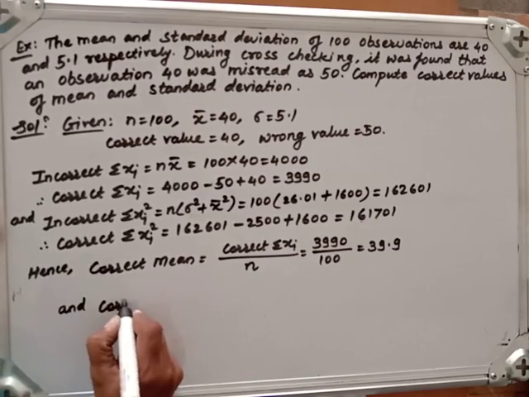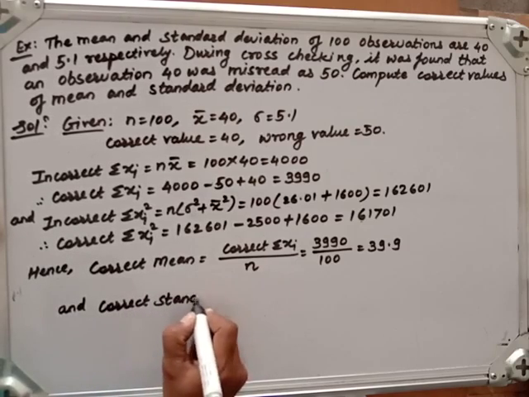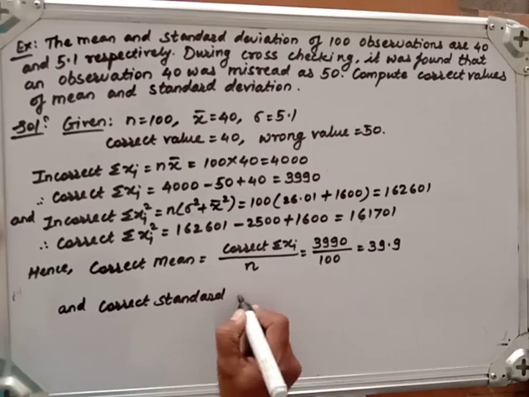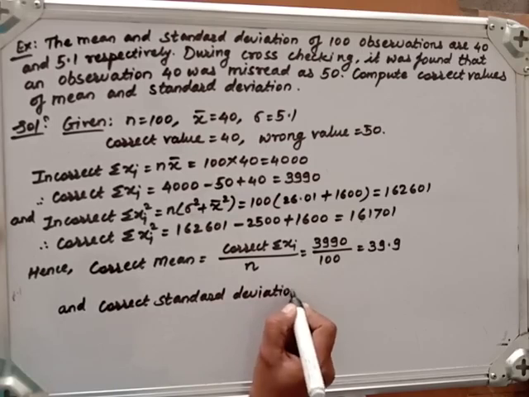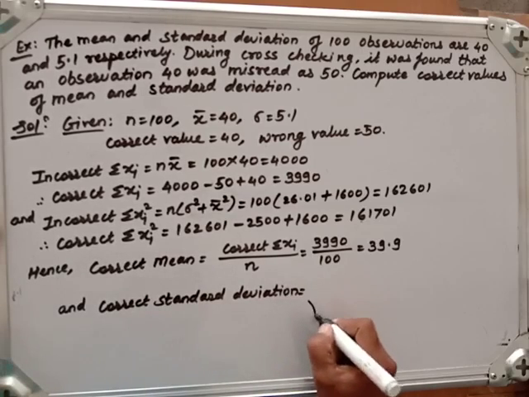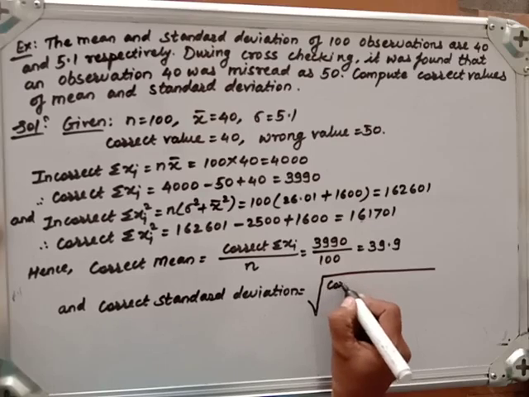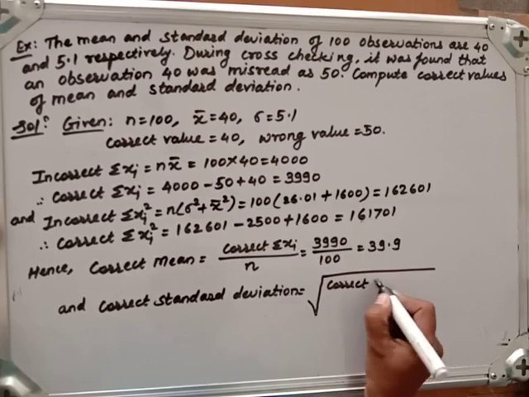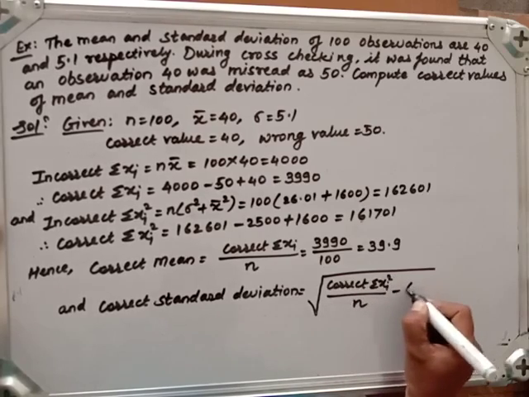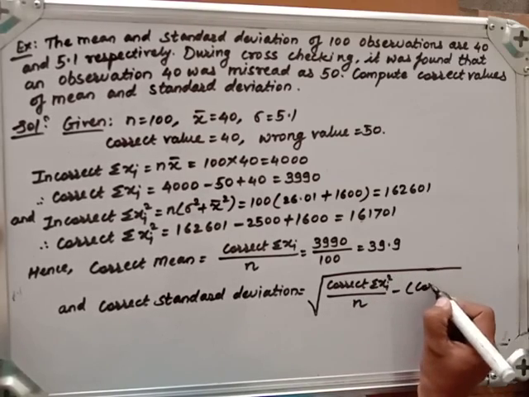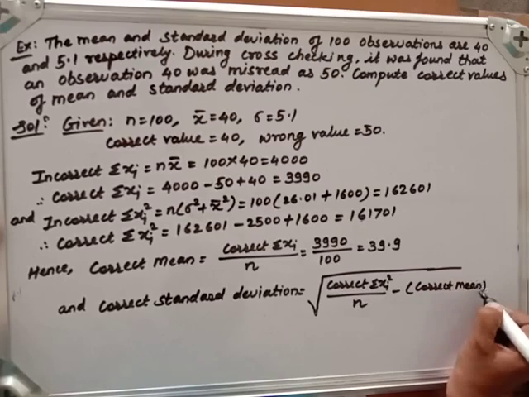The correct standard deviation is equal to under root correct summation xi square upon n minus correct mean square.